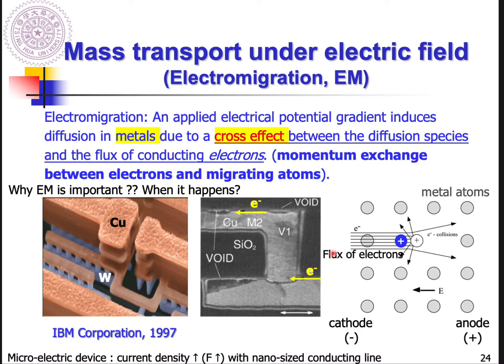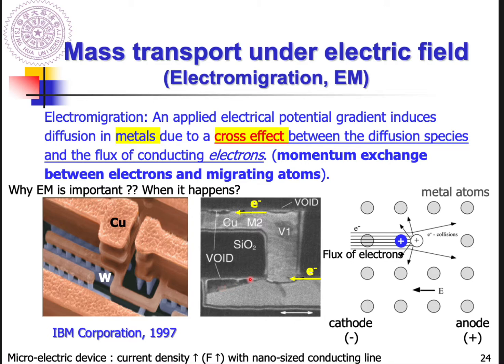So why is this so important? Because as long as these metal ions are pushed away from their lattice points, it will leave a vacancy here. If you have lots of vacancies, the vacancies will grow to form a void.